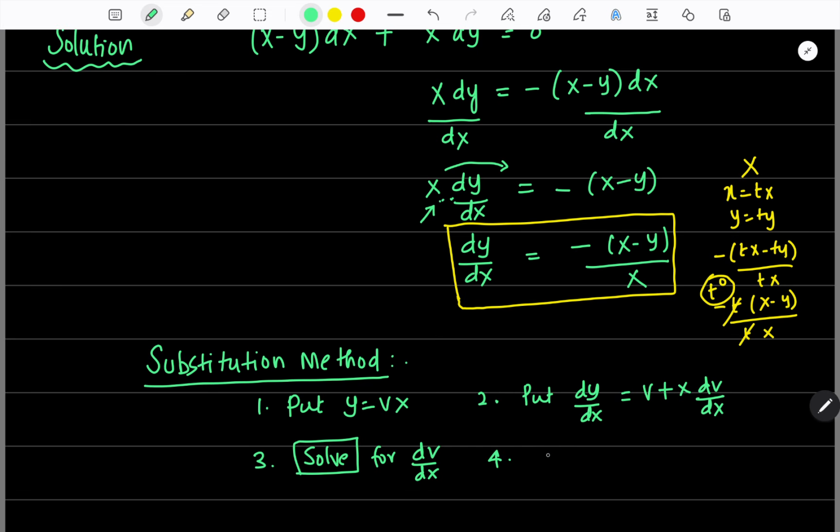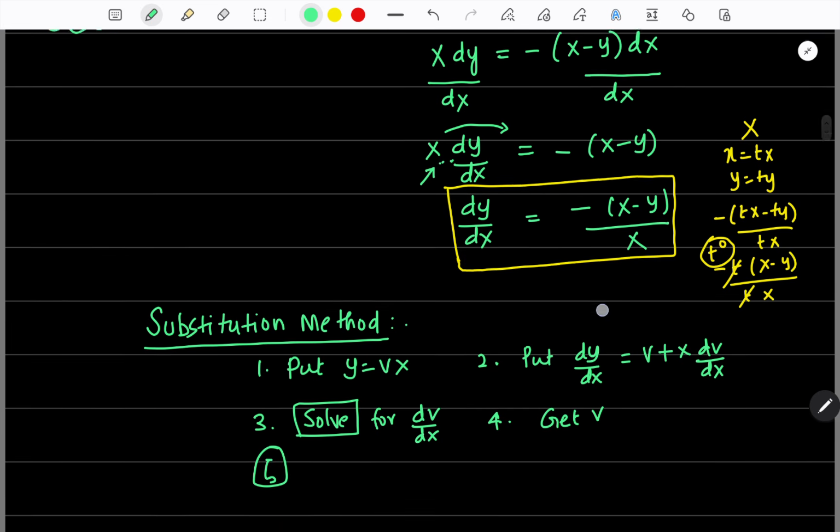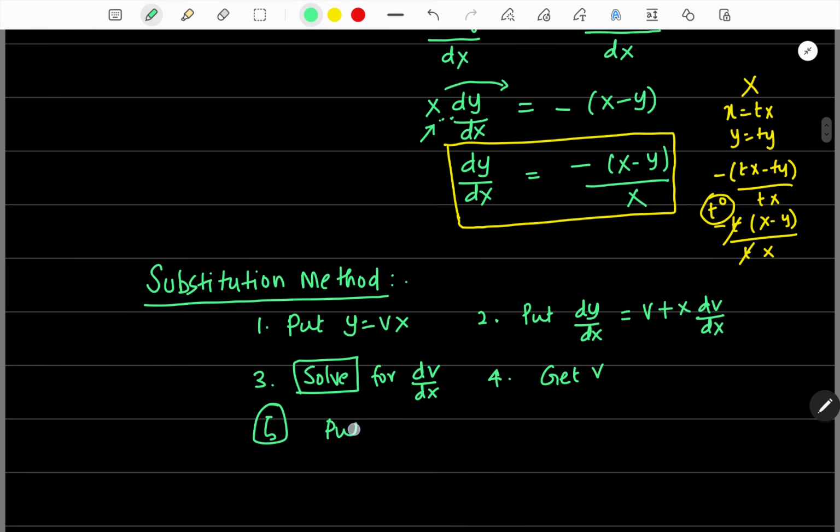Step number 4, get v. And step number 5, put v is equal to y by x. So these are the 5 steps you are going to follow. Again, I'll repeat. Put y is equal to vx. dy by dx is equal to v plus x dv by dx. Get the equation for dv by dx. After that, get v from that by integrating and put the final answer v is equal to y by x.